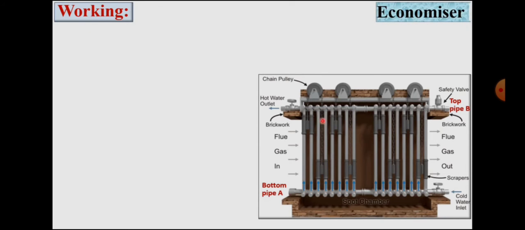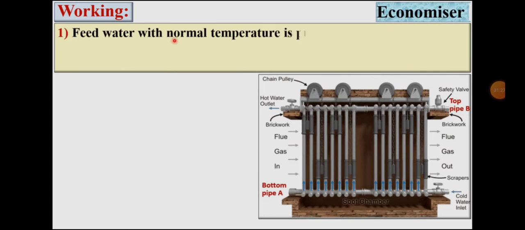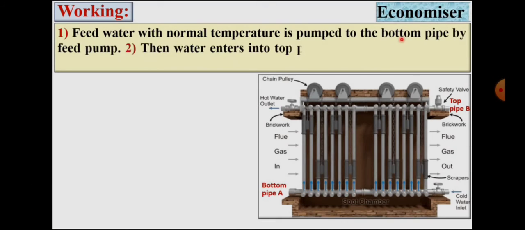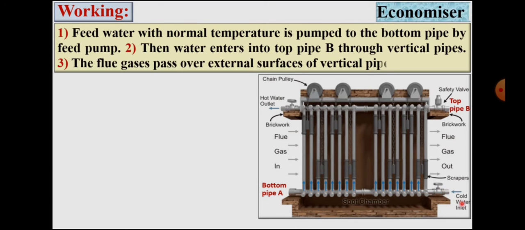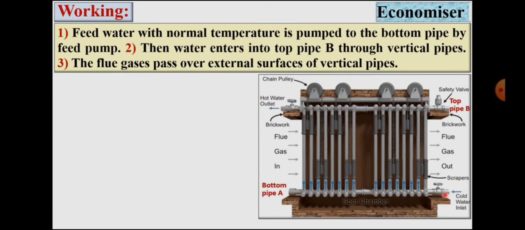Now, working of the economizer. First, feed water at normal temperature is pumped to the bottom pipe by the feed pump. That's why it is written cold water inlet, that means normal water. Then water enters the top pipe B through the vertical pipes.